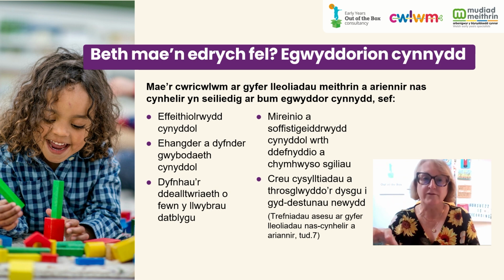Well, here's a quote from your assessment arrangements document. What does it look like? What does the progression look like? What does a next step look like? Well, it's about making connections and transferring learning into new contexts.